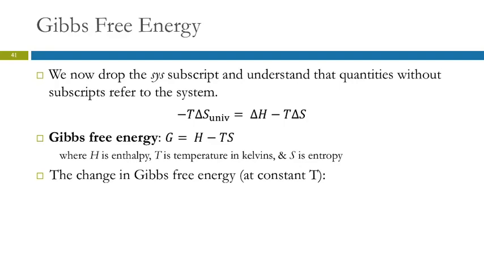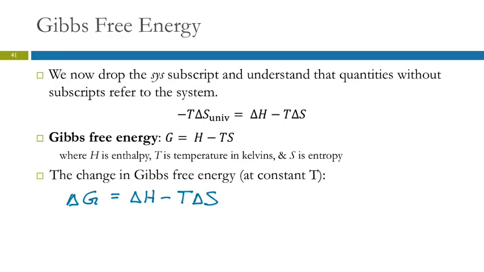So H is enthalpy, T is temperature in kelvins, S is entropy. So then we can look at the change in Gibbs free energy at constant T. Delta G would equal delta H minus T delta S. I'm not putting a delta in front of the T because it's constant, it's not changing.